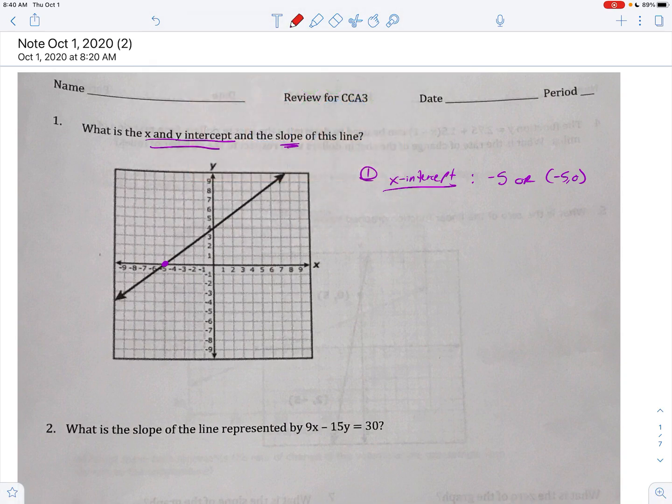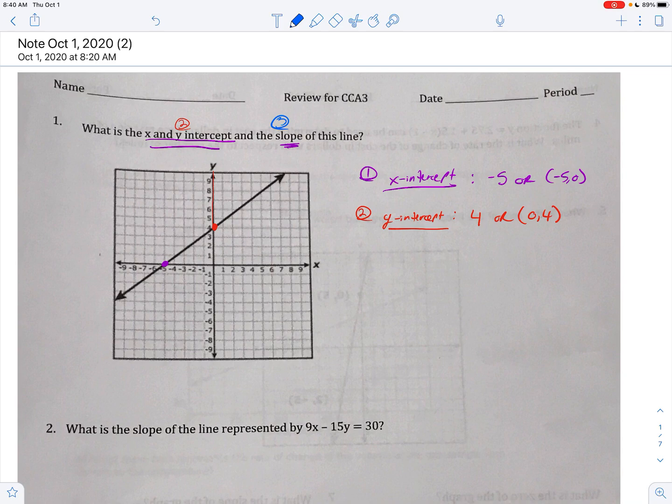The second thing that we're asked is to find the y-intercept. Remember, the y-intercept is the point where the graph crosses the y-axis. So since this is our y-axis, we come right here, and notice that the y-intercept is at 4, or we say (0, 4).